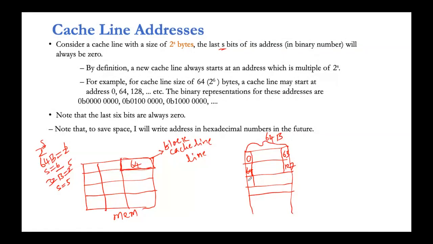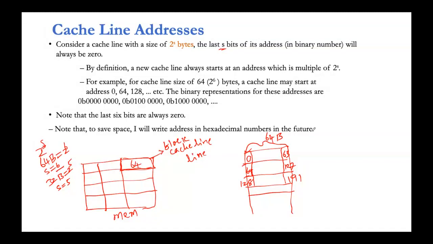The next cache line starts with 128 and ends with 191. So for any cache line address, by definition, a cache line always starts at an address which is a multiple of 2 to the power of s. For example, for a cache line of size 64, it is 2 to the power of 6.